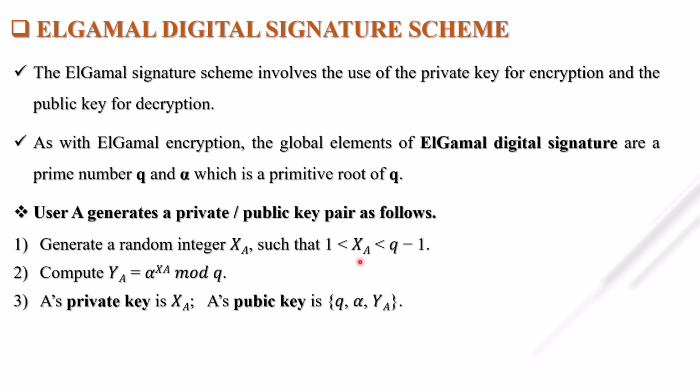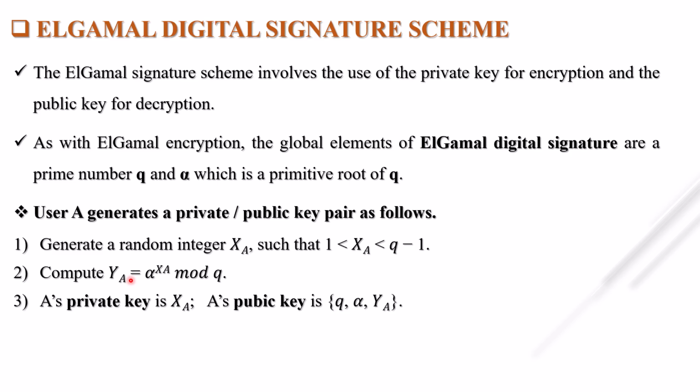Is that clear? Not 18 also. Next, compute the public key, that is ya. It will be computed as ya equals alpha raised to xa mod q. So xa we already generated, we simply put it here, take mod q, and we generate the public key of A.